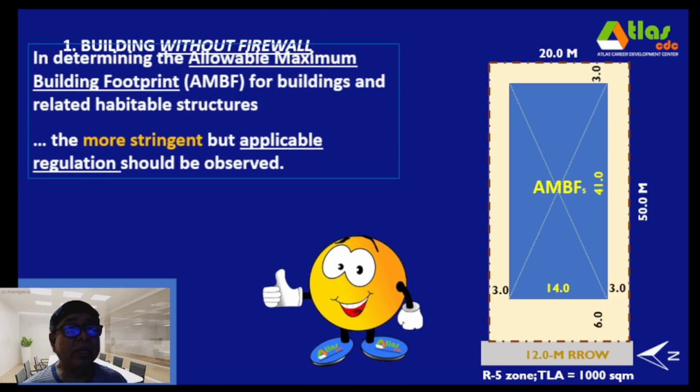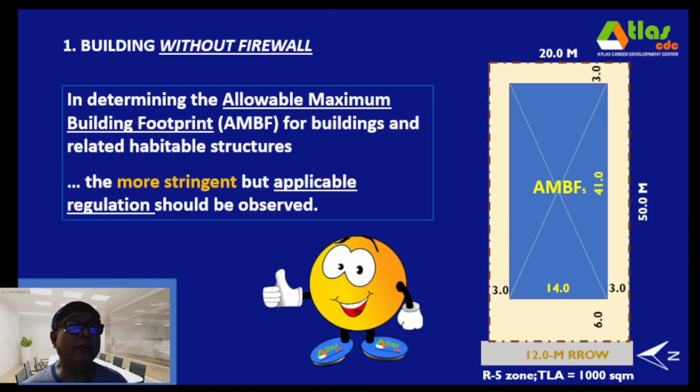So, if we are to consider the provision in the building code that says in determining the allowable maximum building footprint or AMBF for buildings and related habitable structures, the more stringent but applicable regulation should be observed.